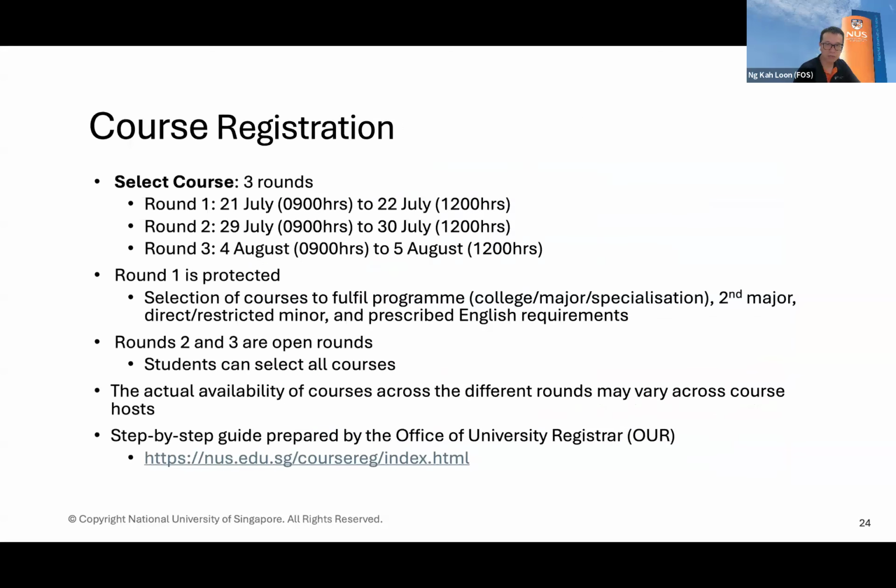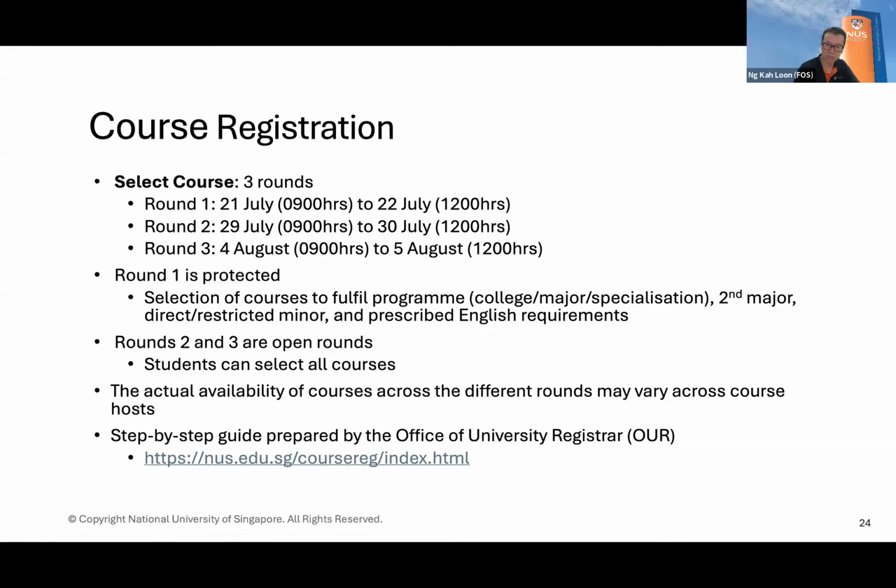For this coming course rec exercise, there are 3 rounds where students will try to secure the courses that they want to read over and above those that have already been pre-allocated to them. Generally speaking, round 1 is what we call the protected round, where students will be choosing courses that have a very specific requirement to fulfill.